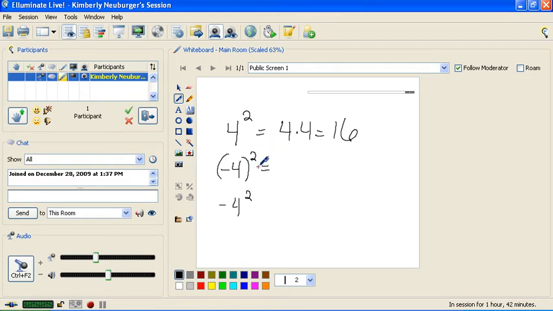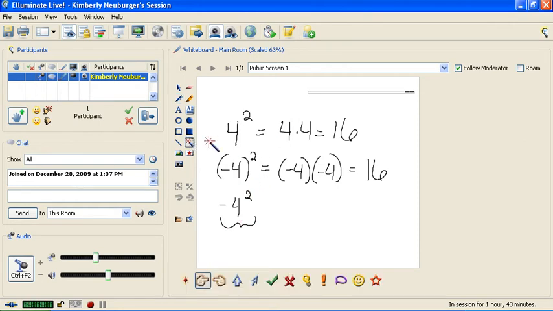This first one here, since the parentheses are around the negative 4 and the square is on the outside, that's meaning to actually take negative 4 times negative 4. You're multiplying the entire negative 4 times itself. And 2 negatives is an even number of negatives, so that gives you a positive answer, and the answer is positive 16.